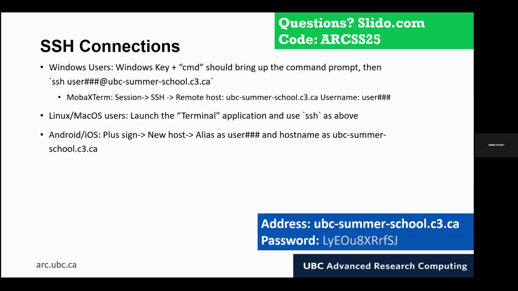And then connecting to ubc-summer-school.c3.ca. For anyone who's using MobaXterm, you would place the IP or the server name into your remote host and put your username in there. For everyone else, it's much the same with the SSH client. And I'll demonstrate here using my client myself.